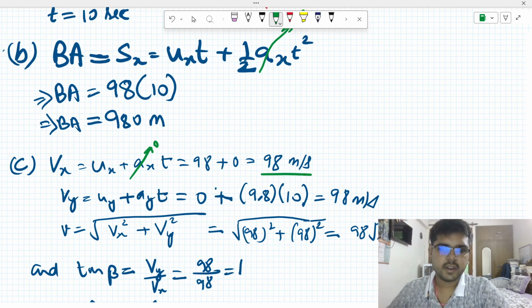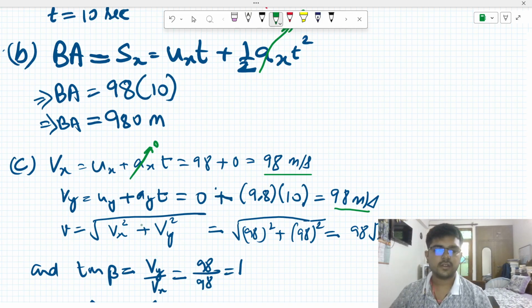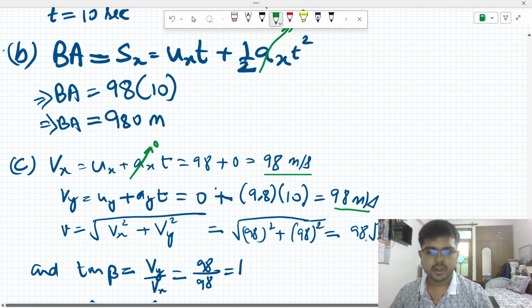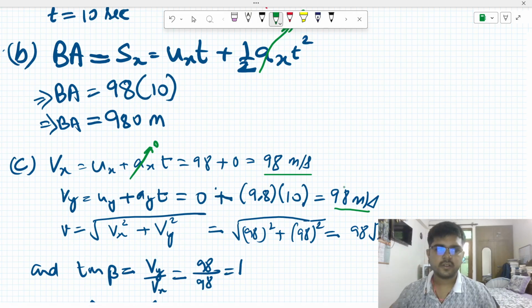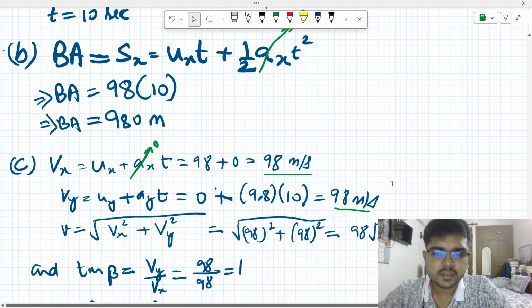So we are left with 98 meter per second. Vy is equal to uy plus ayt. uy is equal to 0 and ayt is 98 meter per second. Now to find the velocity, we will just square root the sum of the squares of the velocity terms. That is being done here, and we are left with 98 under root 2 meter per second. That's the velocity of the particle when it hits the ground.